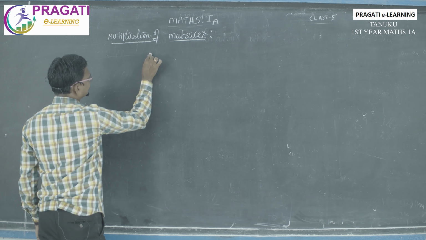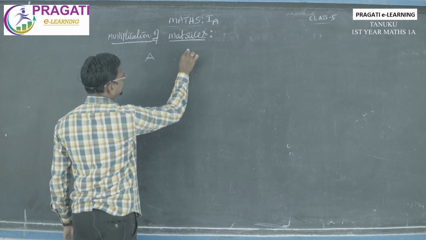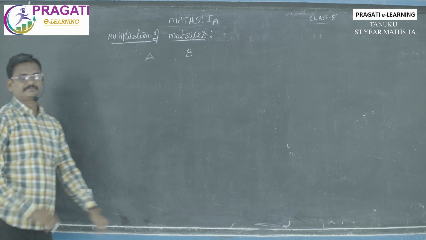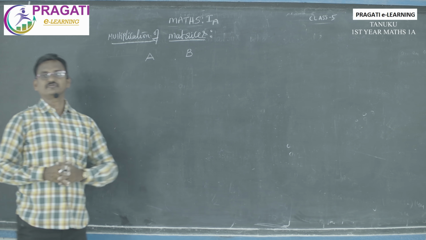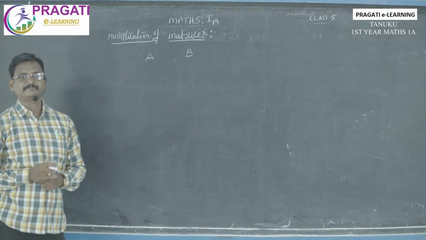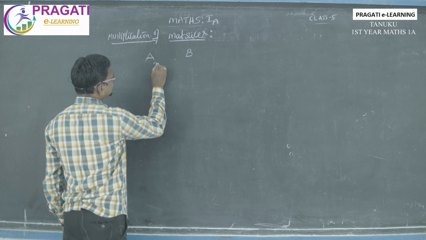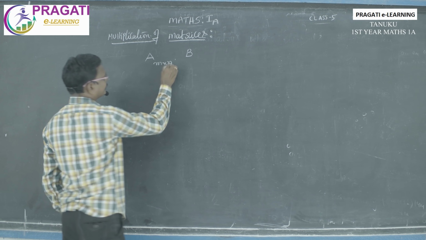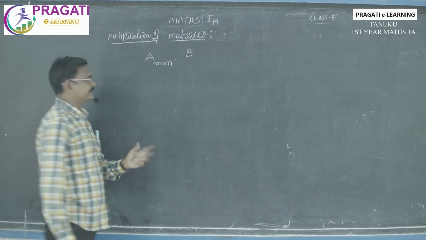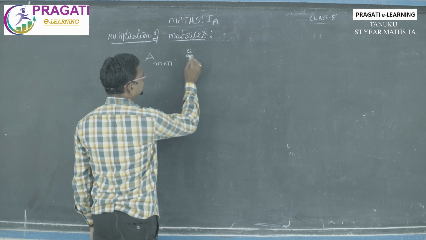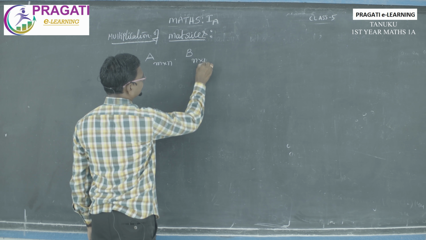Capital A is one matrix and capital B is another matrix. First, when is it possible to do multiplication of two matrices? It has one condition. The condition is, suppose the matrix A has order m by n and the matrix B has order n by p.